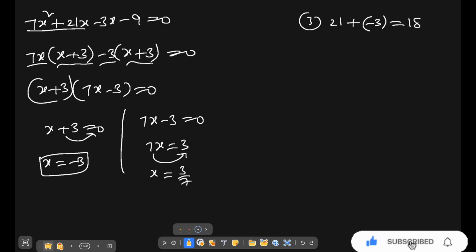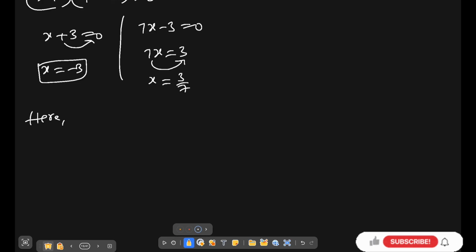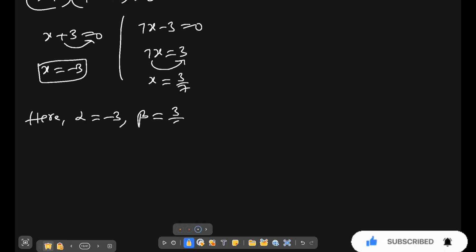So here the zeros are alpha is minus 3 and beta is 3 by 7.